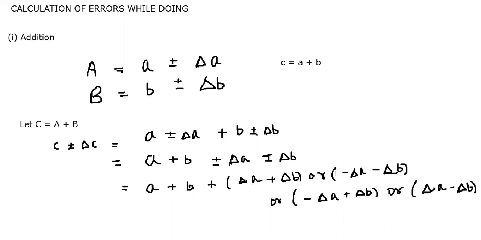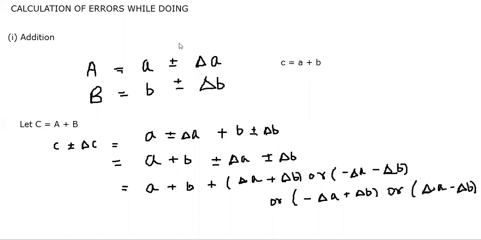Now, out of these four, which one would be maximum? The answer would be delta A plus delta B. When both the errors are getting added, that is the situation in which the error would be maximum. So you have to take the value which is maximum. Out of these four, which is maximum? Delta A plus delta B. Now, what does that mean?